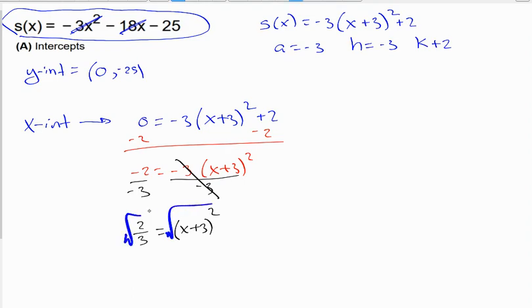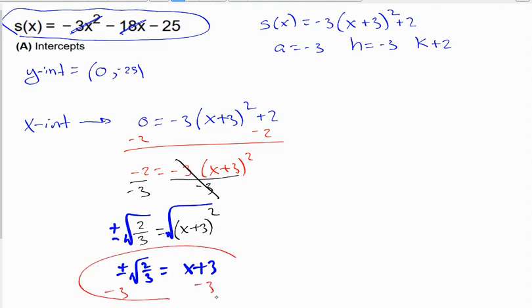When we introduce the square root, we have to put a plus and minus there. So now we have plus or minus the square root of 2/3 equals x plus 3. And finally, to get x by itself, we'll subtract 3 from both sides. So we have x is equal to -3 plus or minus the square root of 2/3.